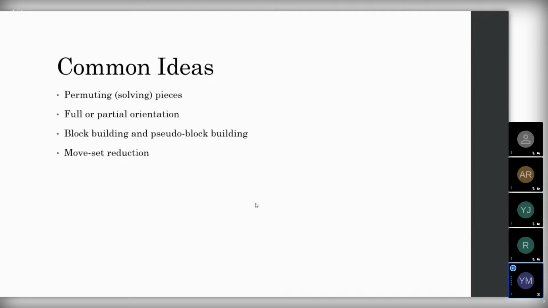Then there is the idea of moveset reduction. So if you are solving a cube, usually you'll need 5 to 6 types of moves to solve the entire cube. But if you look at ZZ, the first step is EO line. So when you do the edge orientation and solve the DF and DB pieces, you can solve the rest of the cube using only 3 kinds of moves: right, up, and left.